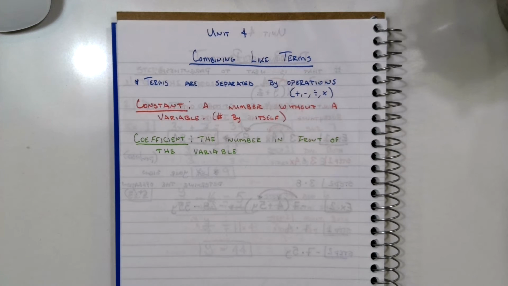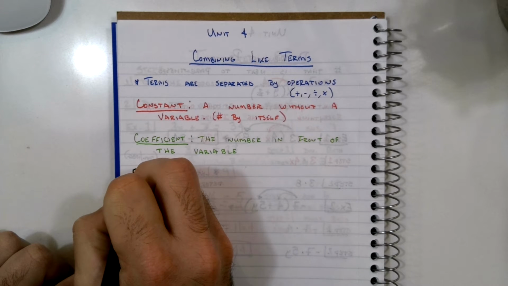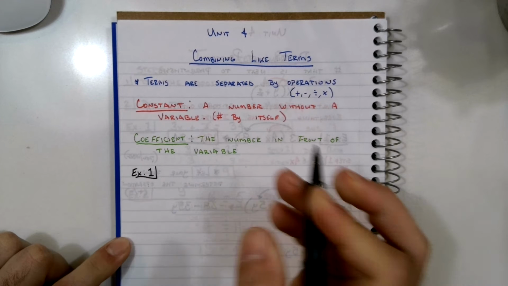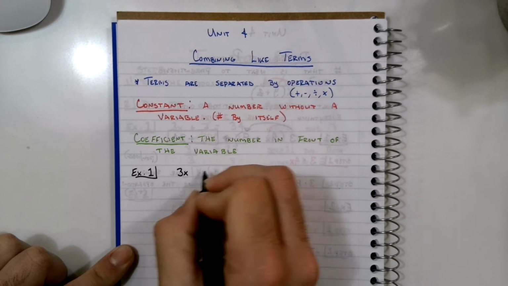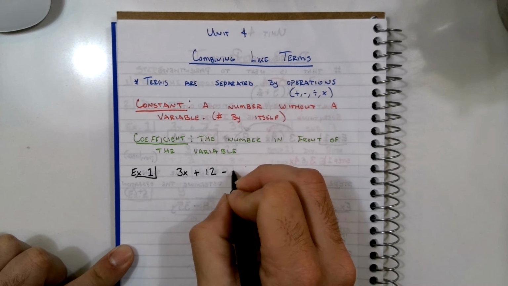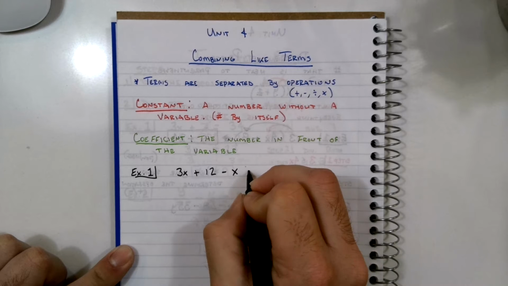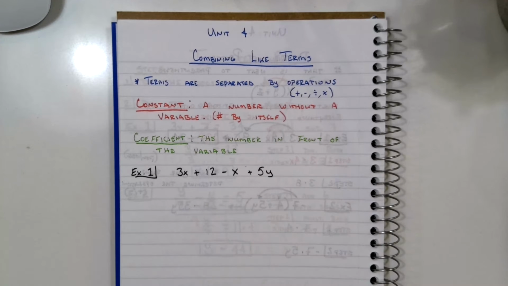All right, so I'm going to give you an example here, and we're going to list all these different things. Let's say I have 3x plus 12 minus x plus 5y.